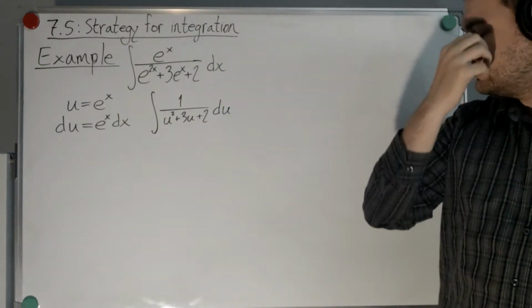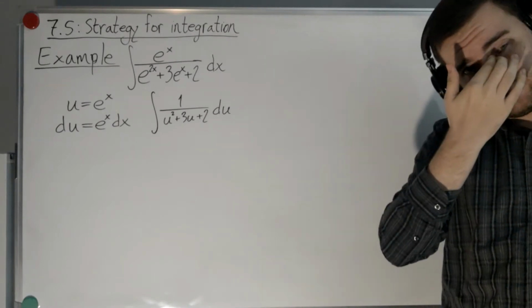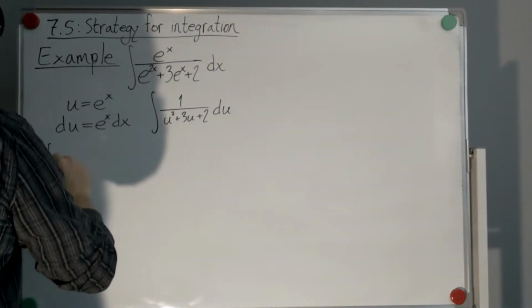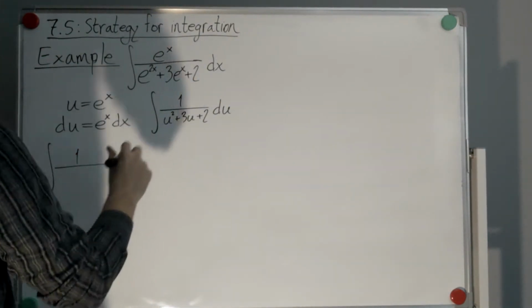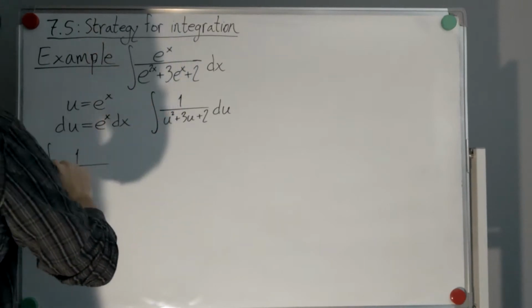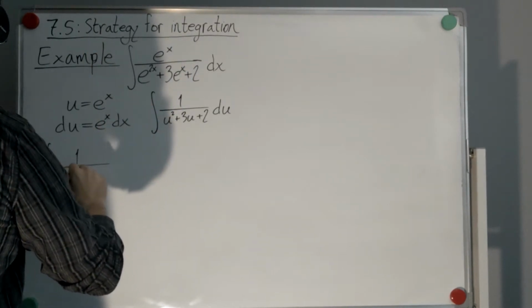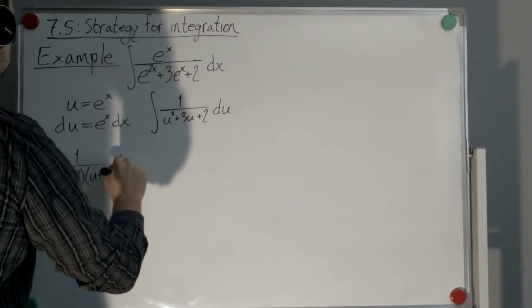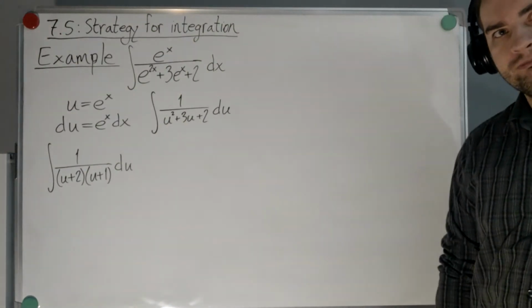Now then, this one, well, that denominator can be factored. We can factor that into the integral of 1 over, I guess, u plus 2 times u plus 1 du.